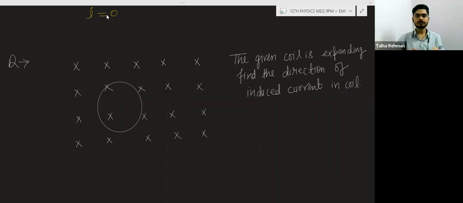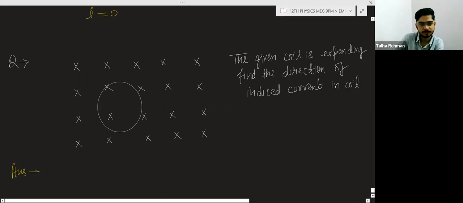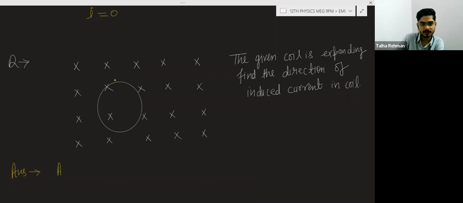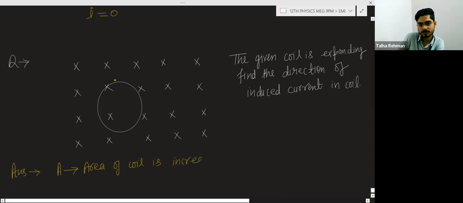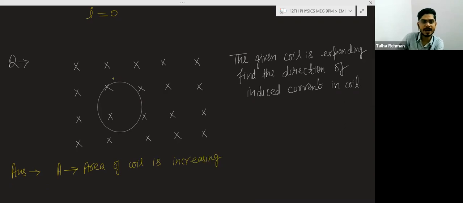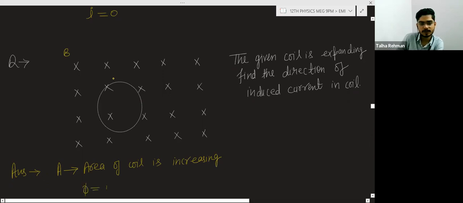Okay, see this. As this coil is expanding, what is the meaning of the coil expanding? It means the area of the coil is increasing, and the magnetic field is B. So what is the flux linked with the coil?